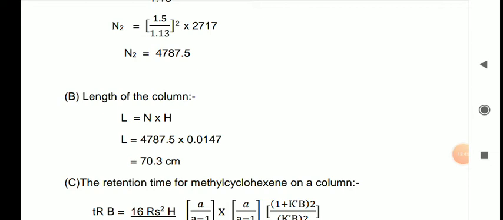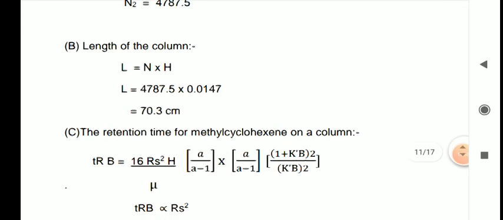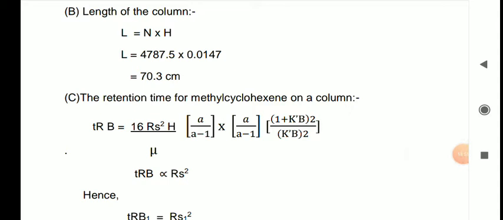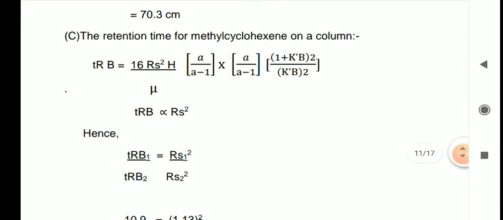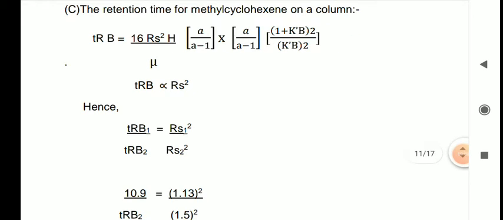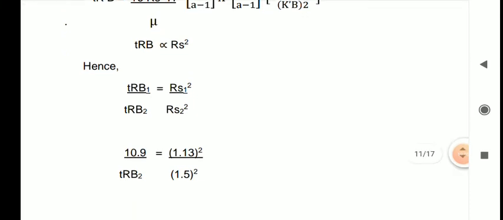Okay. The retention time for methyl cyclohexene on the column. So they want the TRB value for the second component at a higher resolution. Your TRB values are proportional to RS square. TRB1 is proportional to RS1, TRB2 is proportional to RS2. When we take the ratio, the first TRB is 10.9, that is given in the data.